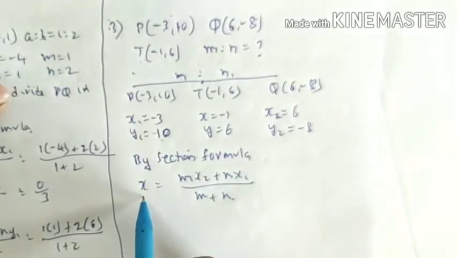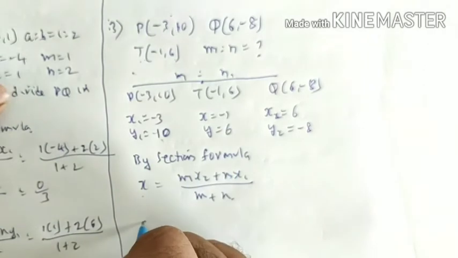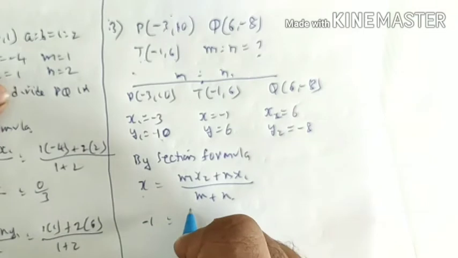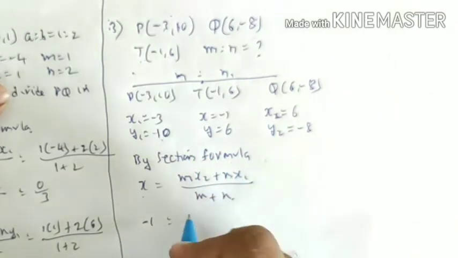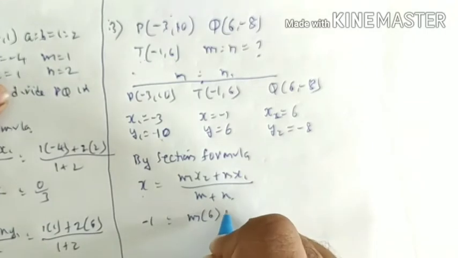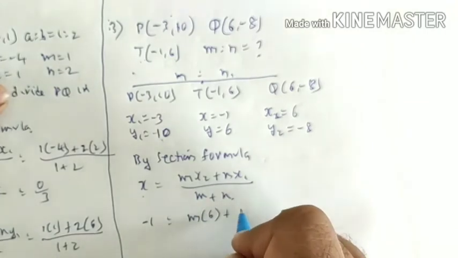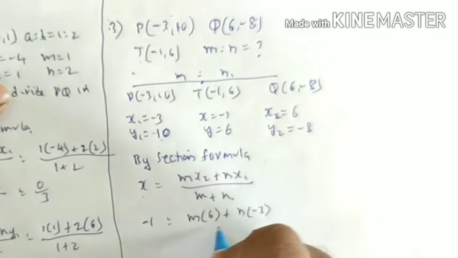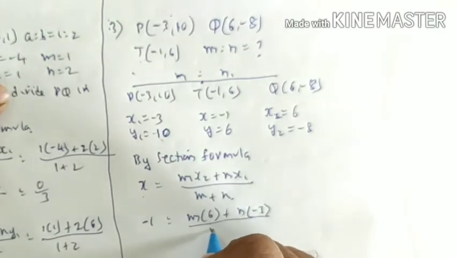Now, we shall substitute here. What is the value of x here? The value of x is -1. It is equal to m x2. x2 is how much? 6. So, we shall write here m into 6 plus n into x1, which is -3, upon m plus n.